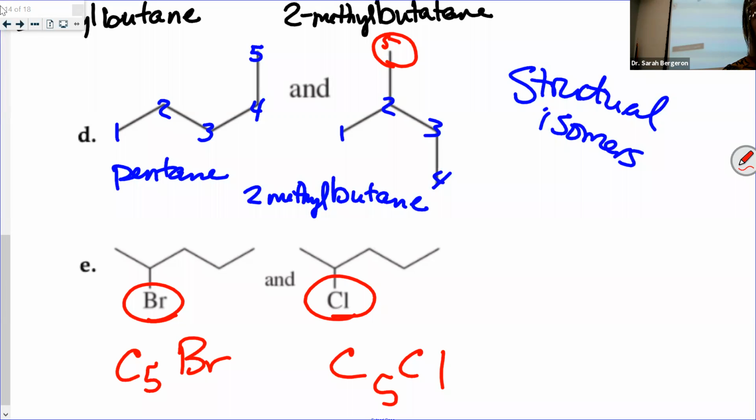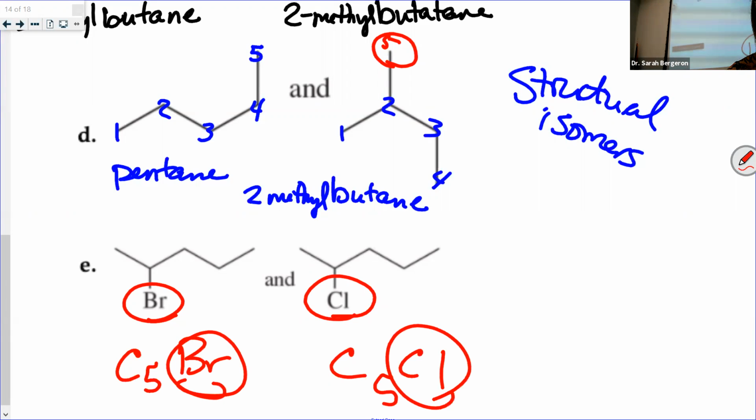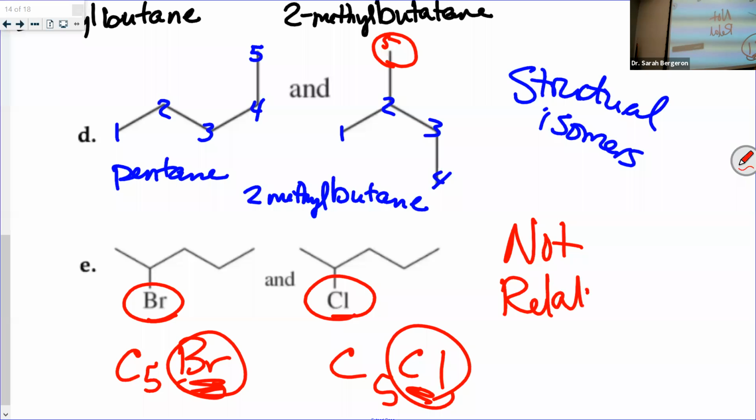Different names, because we have different substituents. So you don't have to go count hydrogens. We just know bromine and chlorine are not the same atom, so it can't be the same molecule. So what are these? Not related. Not related.